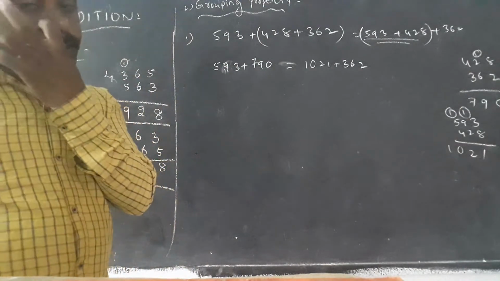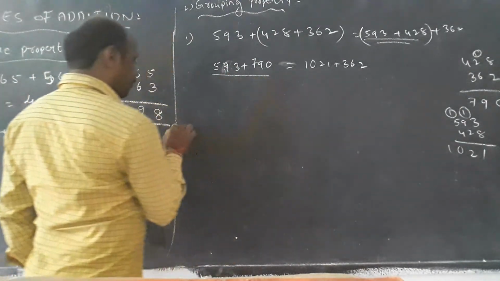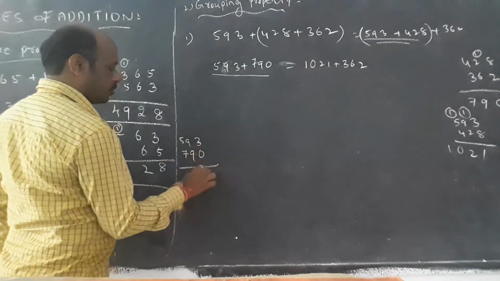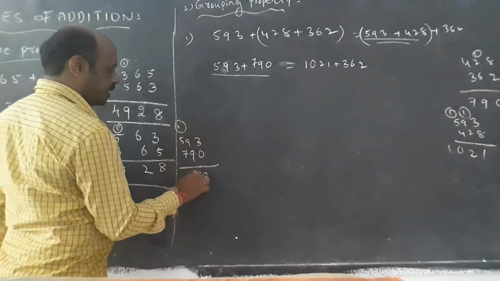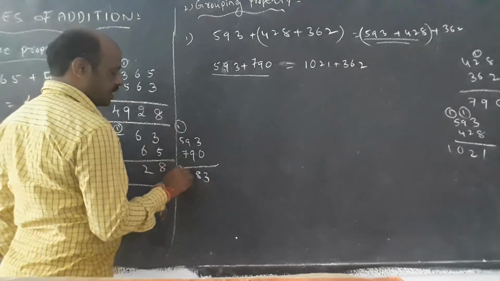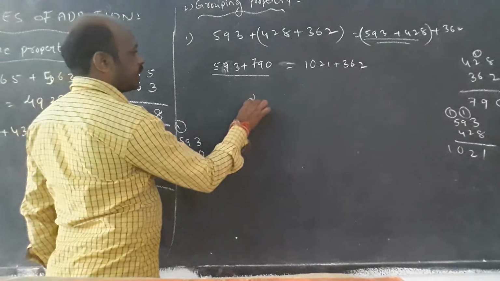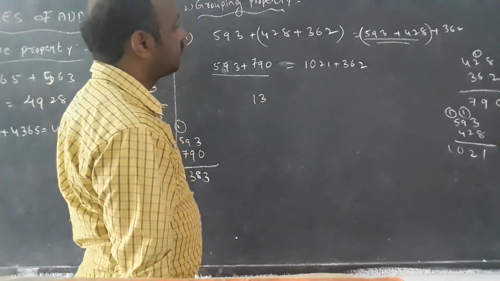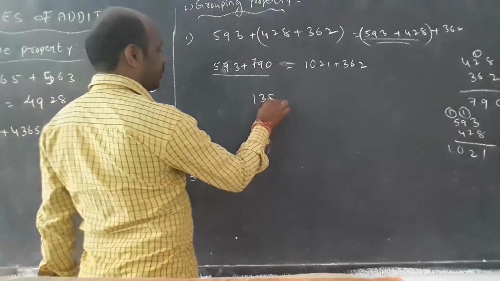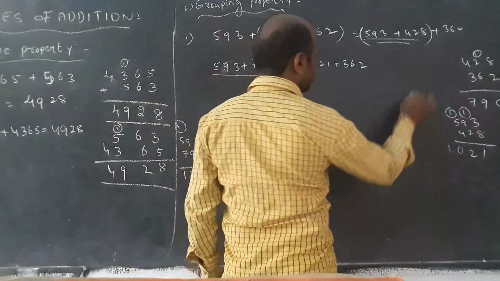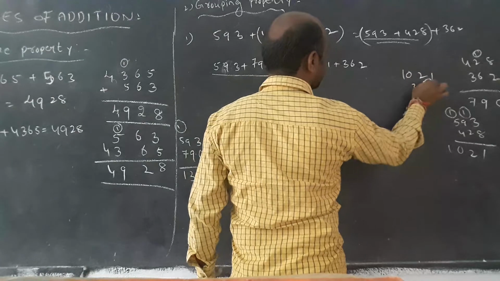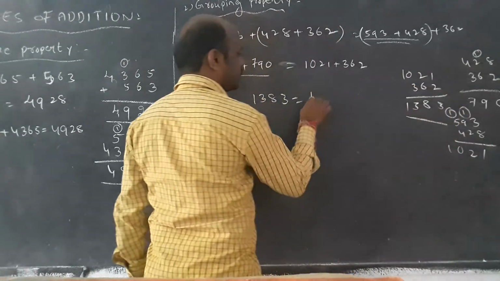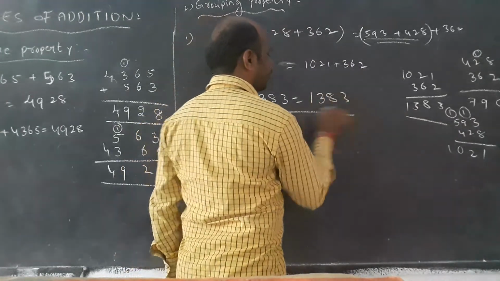Now add 593 and 790: 3 plus 0 is 3, 9 plus 9 is 18, 7 plus 5 is 12, 12 plus 1 is 13. We got 1383. In the second one, 1021 plus 362 is 1383. We got the same answer.